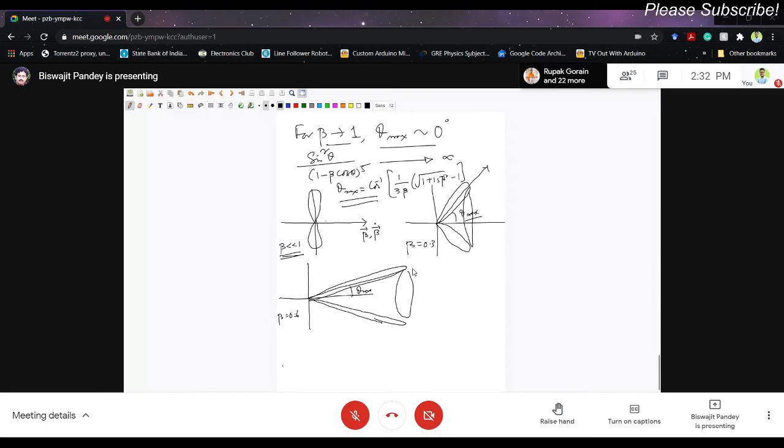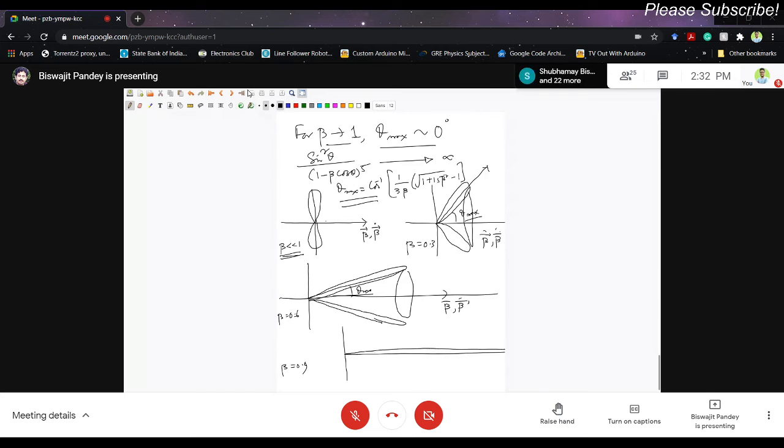And when you go to beta tends to 1, say beta equal to 0.9, beta equal to 1 is of course infinity, that I cannot draw. This is the direction of velocity and acceleration. This is beta dot, in all these pictures. So in case of beta 0.9, this will be something like this.